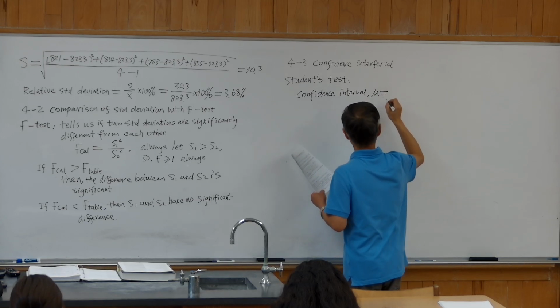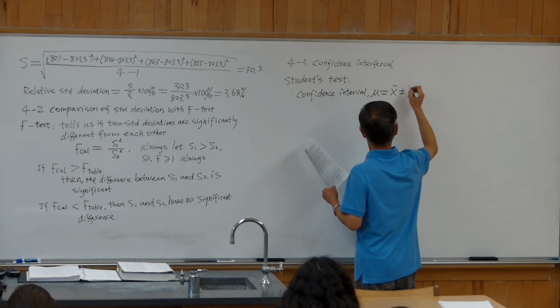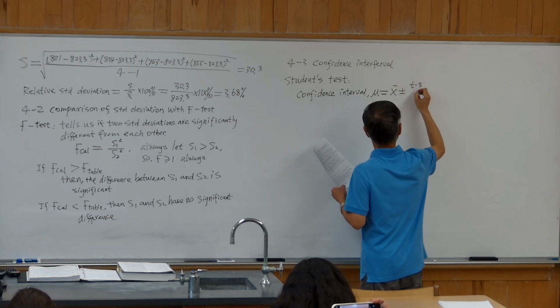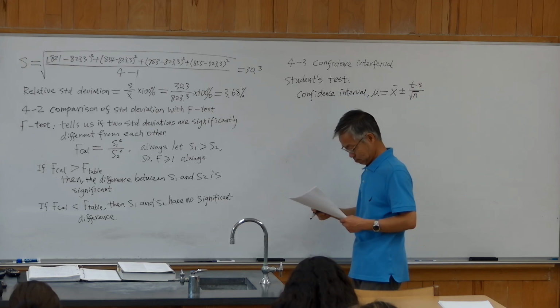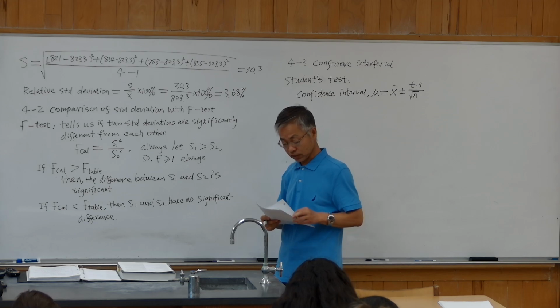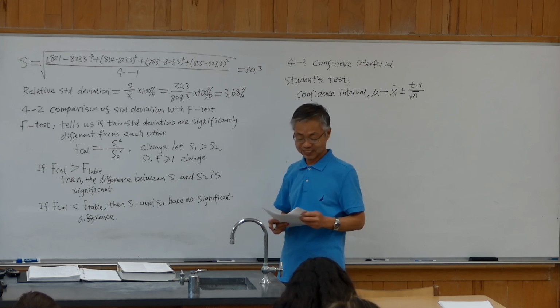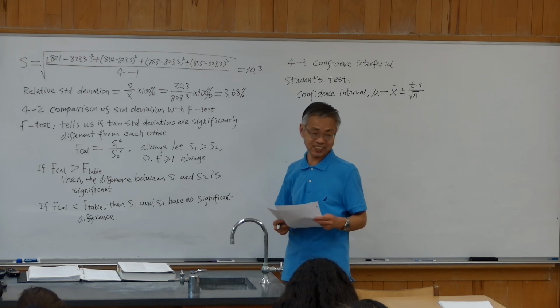Mu equals x bar plus minus ts over square root of n. This is what we call confidence interval. For this formula, you realize this actually is a range, right?